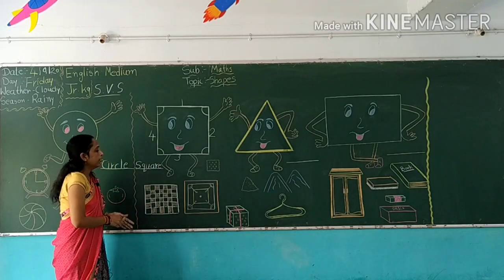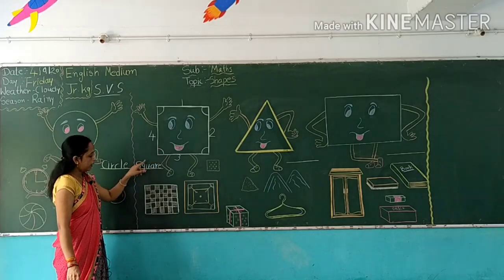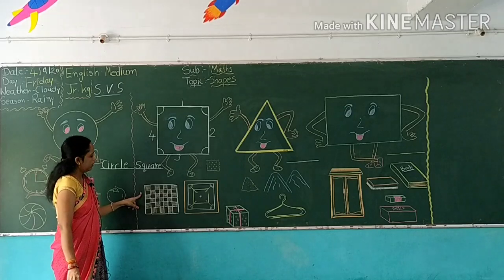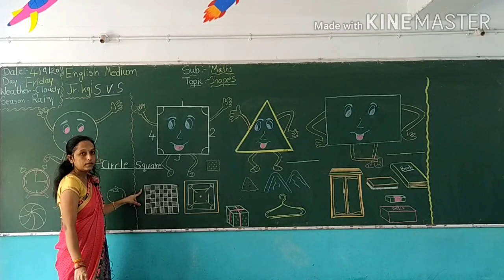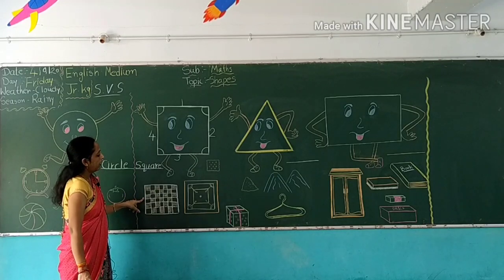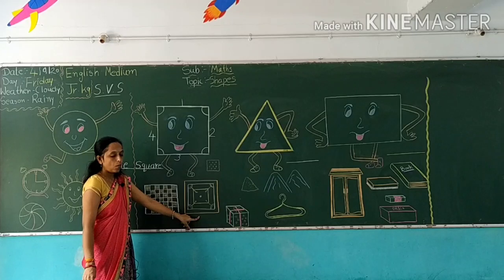And look here. Here I drawn some examples for square shape. Okay? What is this? This is a chessboard. Do you like chessboard? Yes, this is a chessboard. And what is this? This is a carom board.